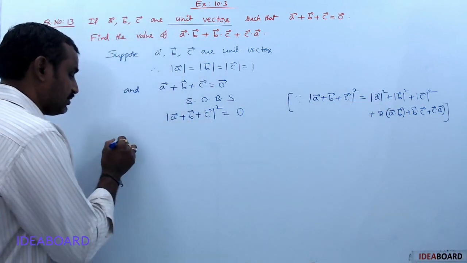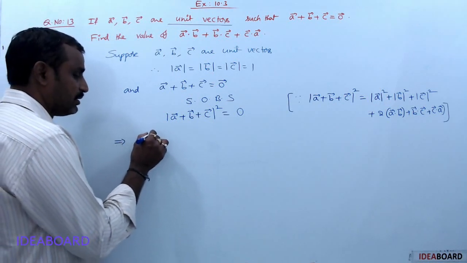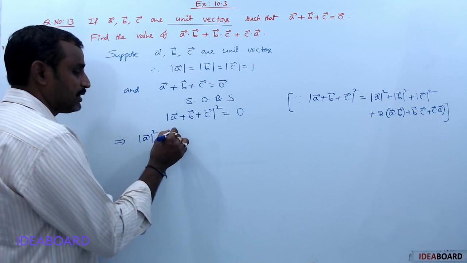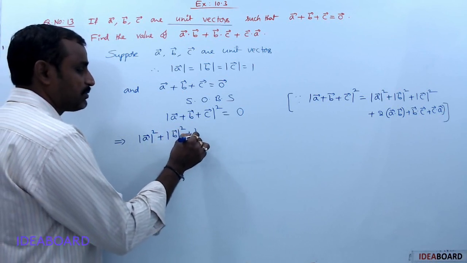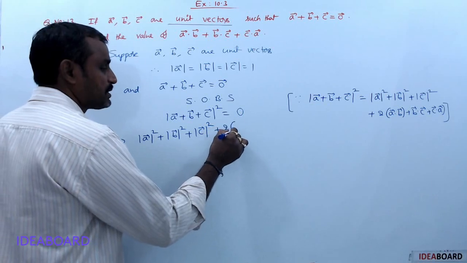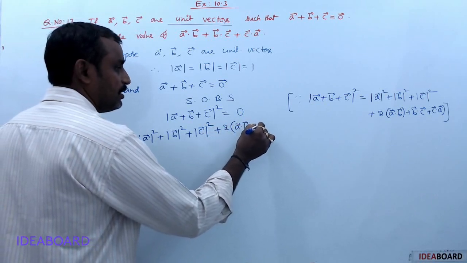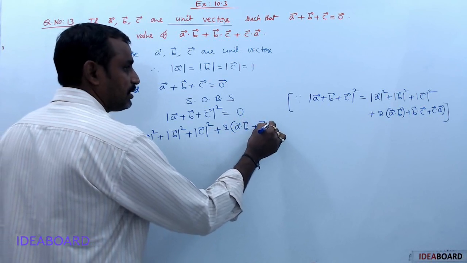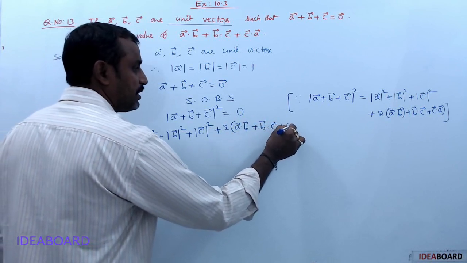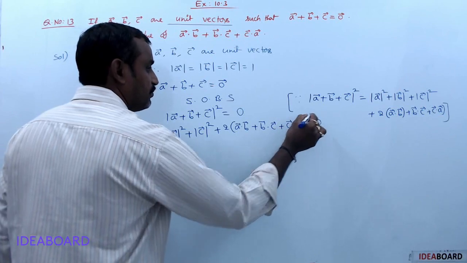Applying it, we get magnitude of a bar square plus magnitude of b bar square plus magnitude of c bar square plus 2 times (a bar dot b bar plus b bar dot c bar plus c bar dot a bar) is equal to 0.